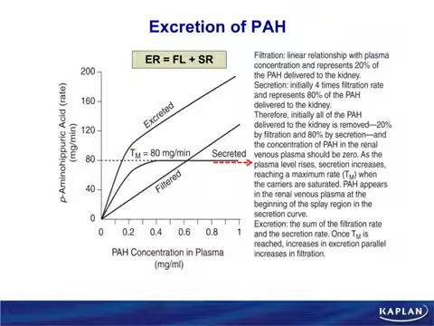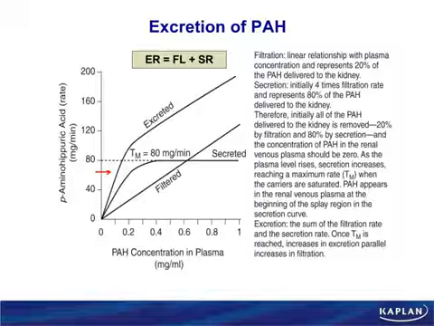So now as you increase your plasma concentration of PAH, the filtered load still increases, but the secretion rate is constant. So the excretion rate still does increase, but now it increases at a slower rate. Notice the slope of the line up here is less steep than the slope of the line down here.